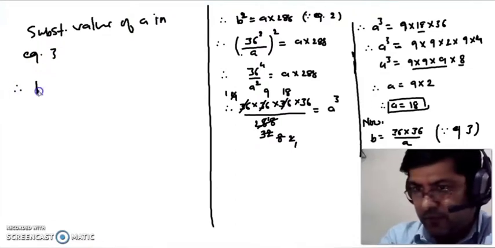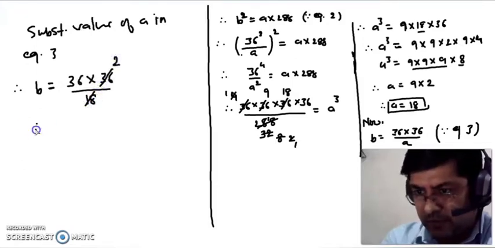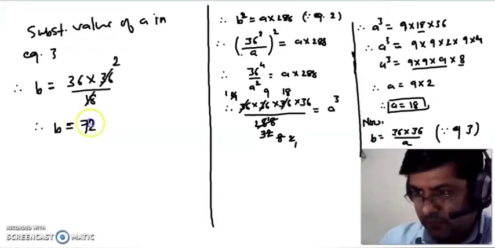Therefore b is equal to 36 upon the value of a, which is 18, and therefore b is 72. Clear? So this is the answer.